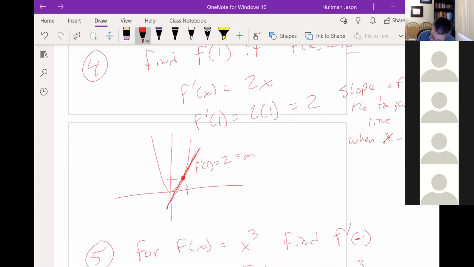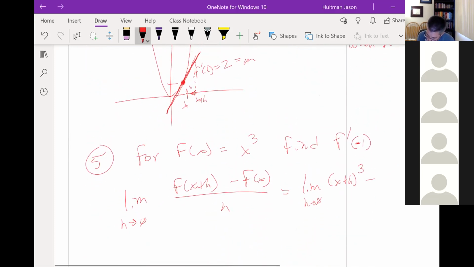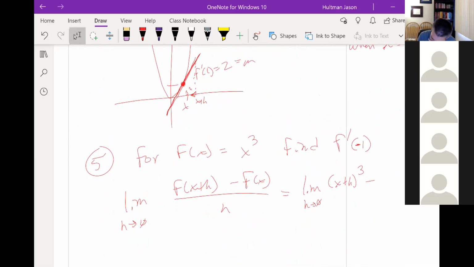Remember that it was x and then it was x plus h, and we want h, the difference between those 2 points, to go to 0. F of x is x cubed, all over h.